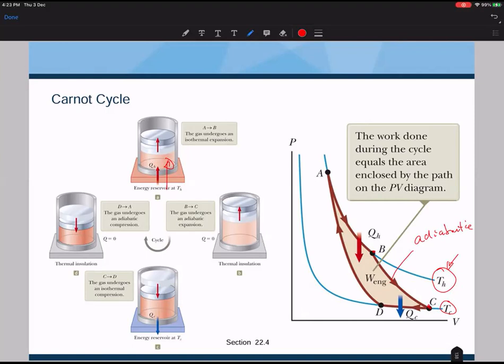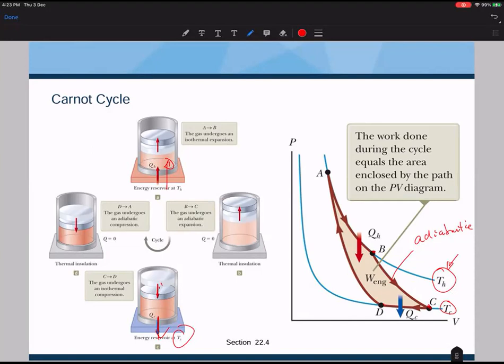And then at C to D, there is a constant temperature contraction of the cylinder. So the cylinder loses heat energy to the surrounding at a temperature Tc. It would reject the heat energy.